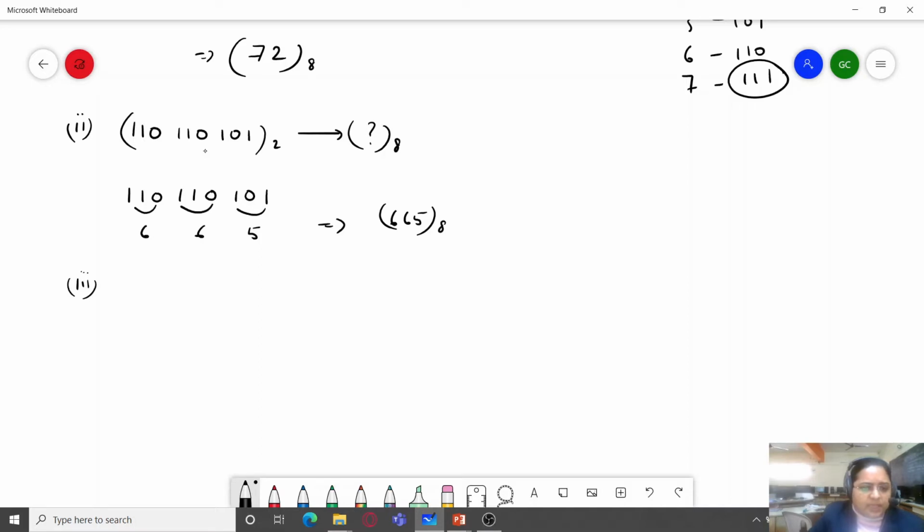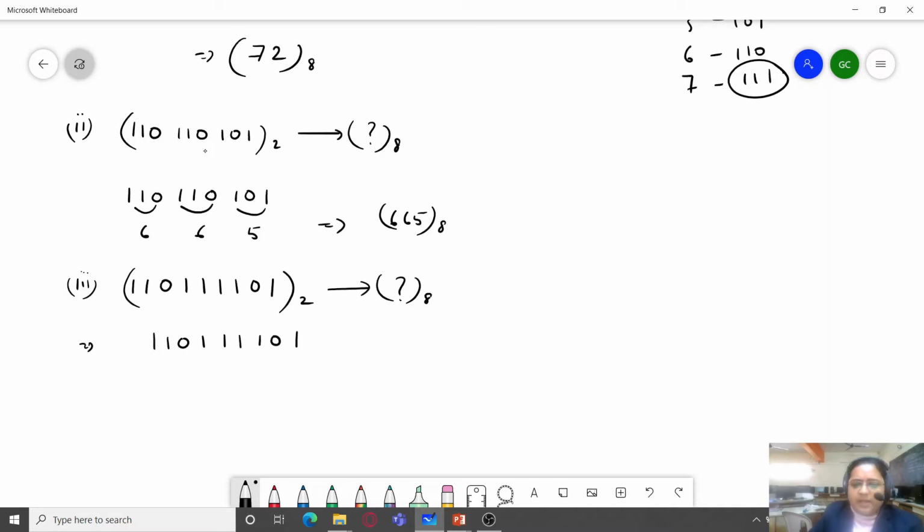Suppose I have a number like this, where we have an odd number of bits in the number. So we will first write the number and start grouping them in groups of 3 from right to left. Okay, I think I just missed out.